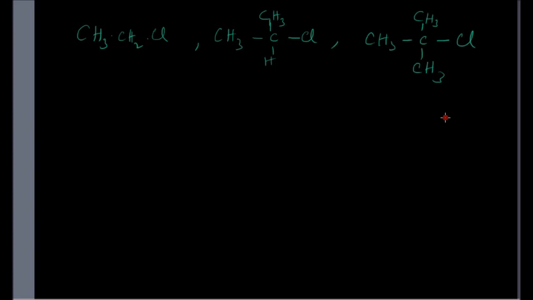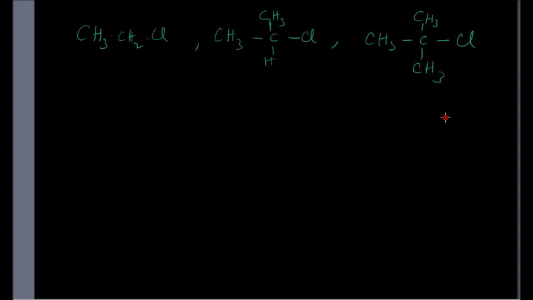Now, you see on the screen three compounds: a primary alkyl halide, a secondary alkyl halide, and a tertiary alkyl halide. So, if you want to arrange them in the order of reactivity towards SN2 mechanism, you will have to understand that a primary alkyl halide, which has the least hindrance due to the presence of not so many bulky groups, will be most reactive.